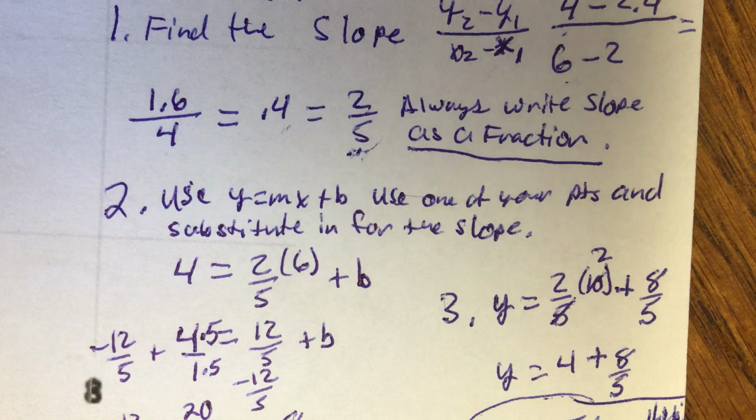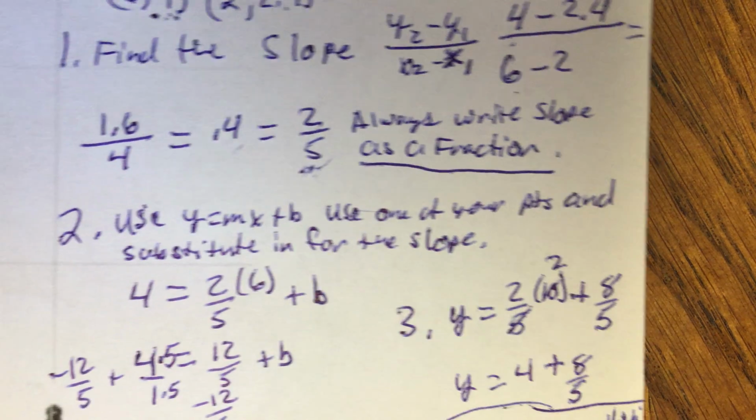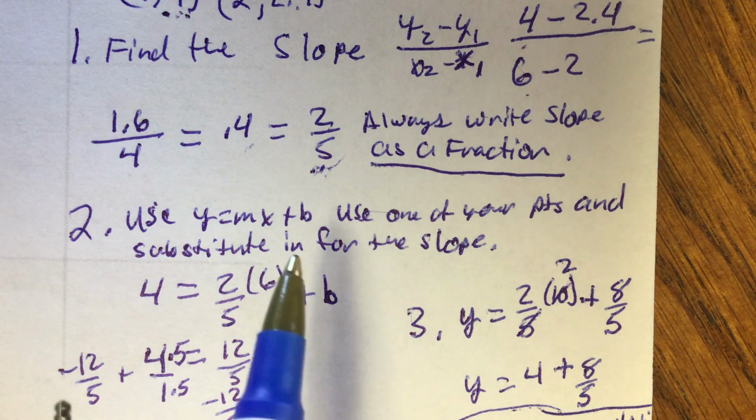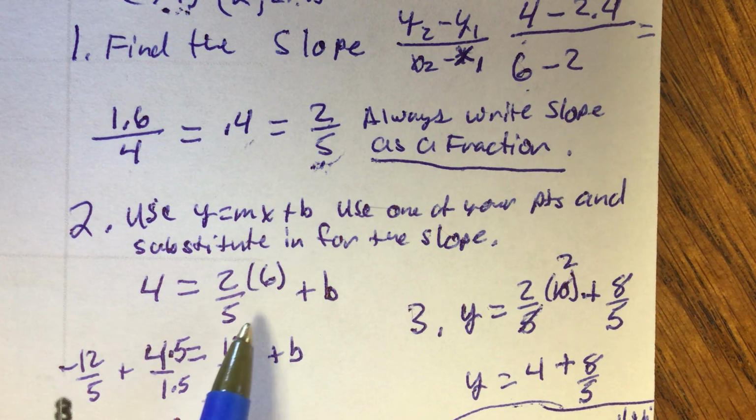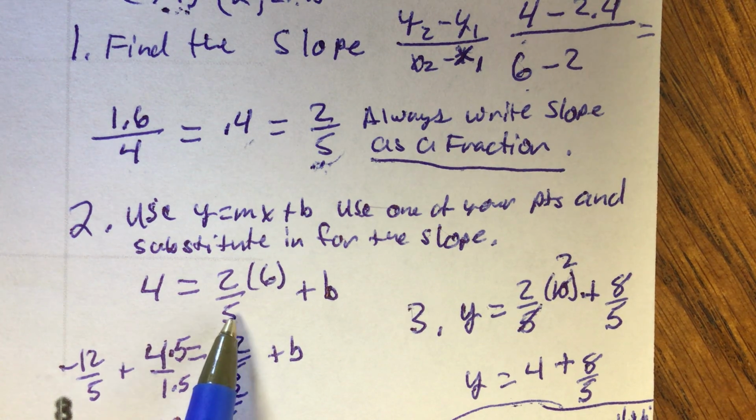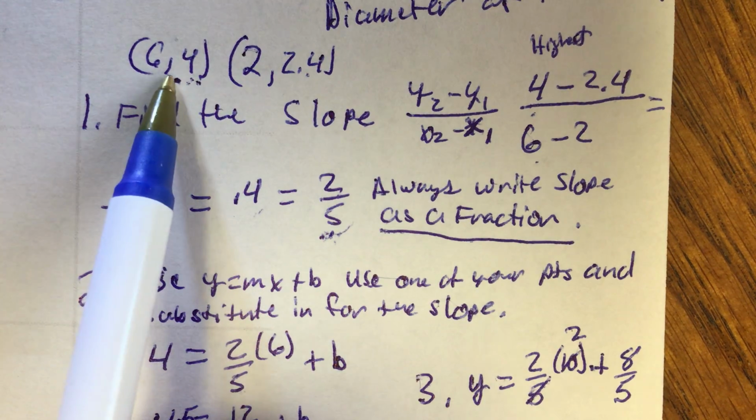Now we're going to write an equation for this. I'm going to use the slope and substitute it into the equation y equals mx plus b. I'm going to plug in the m value as 2/5. That's the slope I found. I'm going to use the y value from one of my points, the 6, 4.